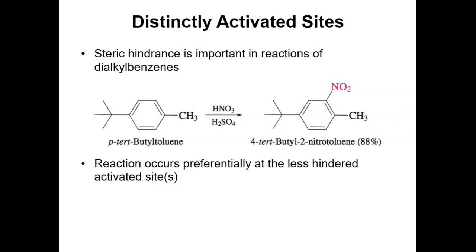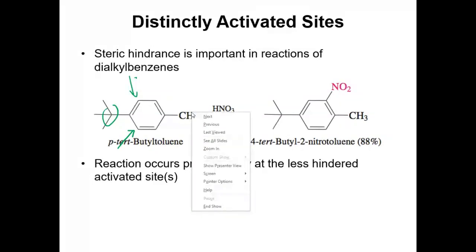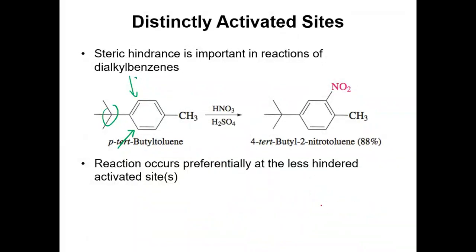On the left side, the tertiary butyl group wants these two sites because the para site is occupied. The methyl group, as we know, is also an OP director, so it wants these two sites.